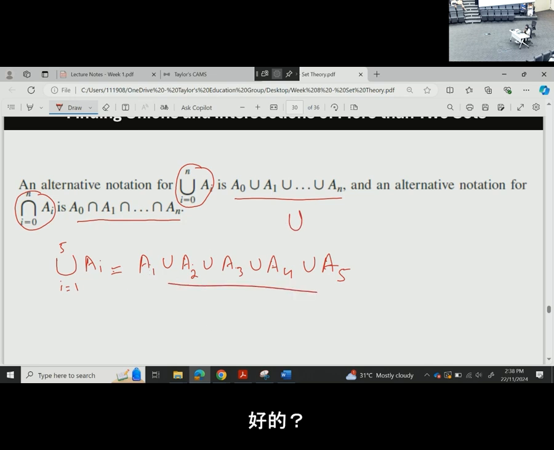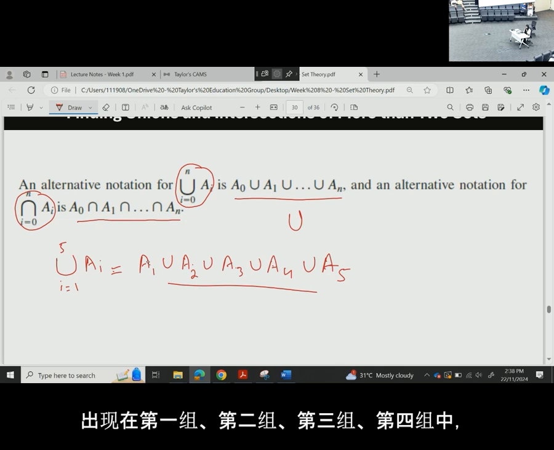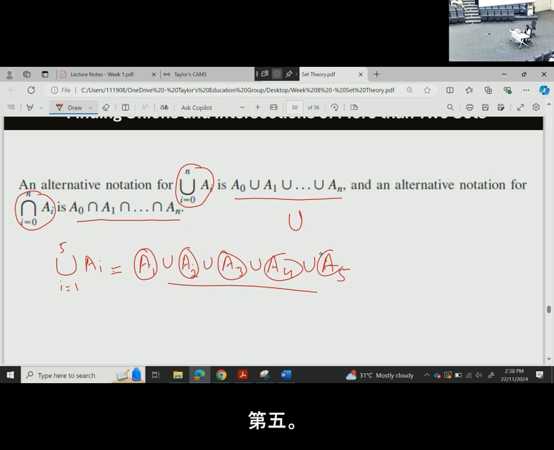These are subsets of some universal set, which is a bigger set. Okay, and union means that the elements included are present in either the first set, second set, third, fourth, or fifth. Okay, so same rule. What about this one?